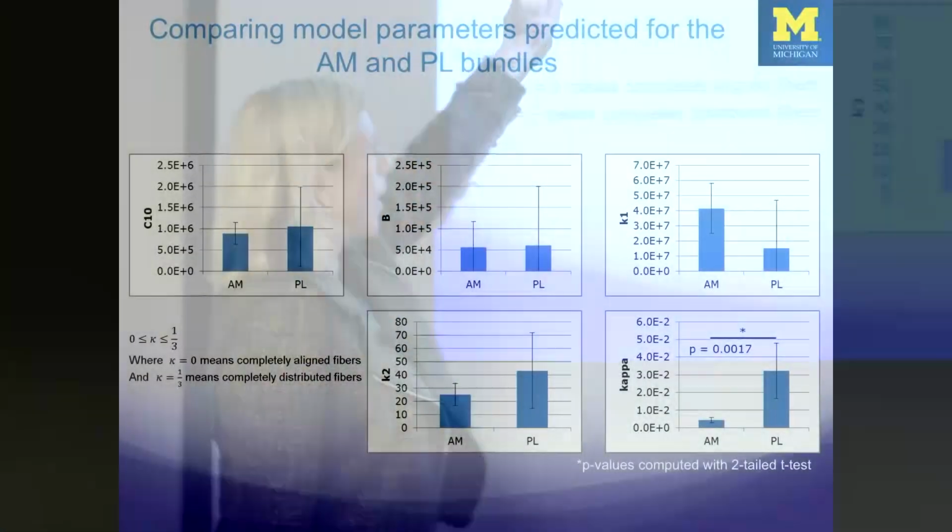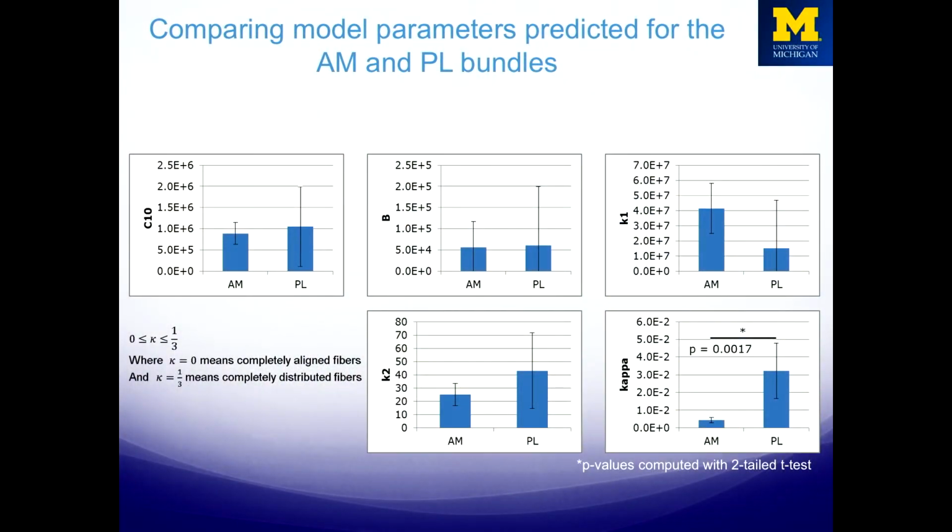So she said she's going to try this, and she said, and watch, it won't work. That's the imposter syndrome she has. Well, it worked. So none of these parameters for the AM bundle or PL bundle are significantly different except for kappa. A low value of kappa means things are well aligned. A higher value means they're more distributed, and that's what she found, right?